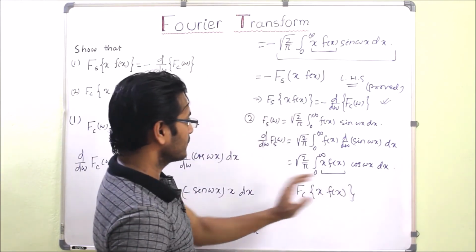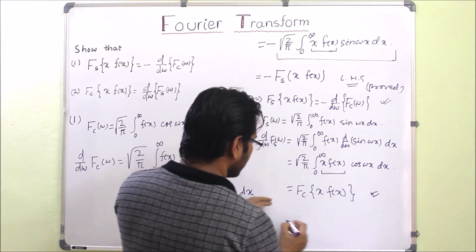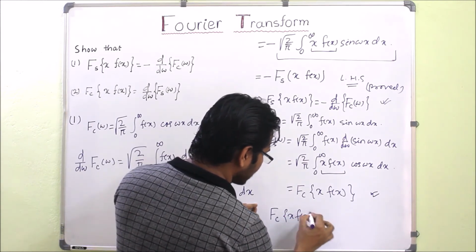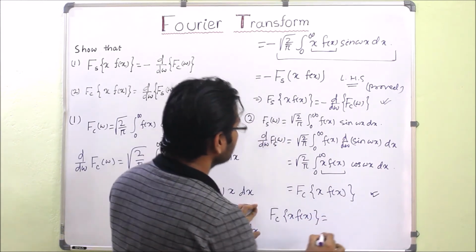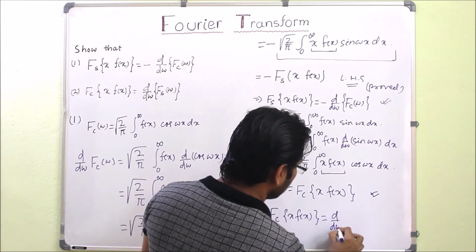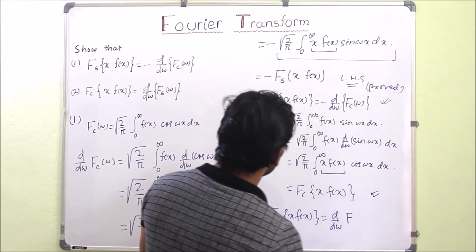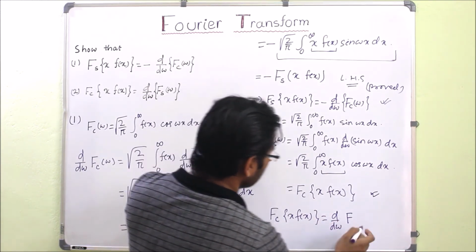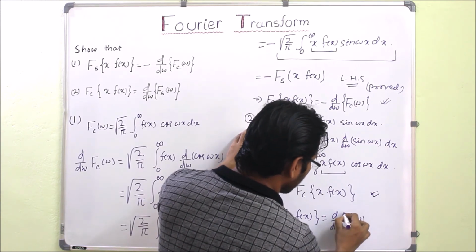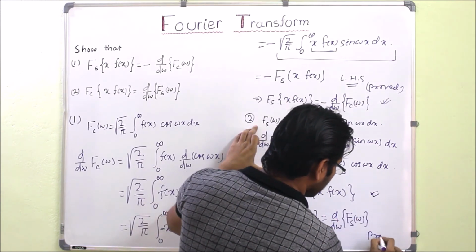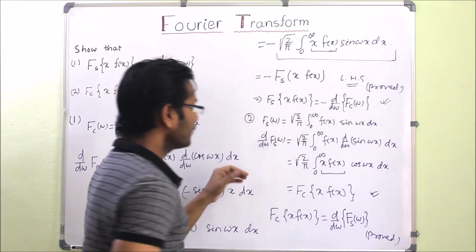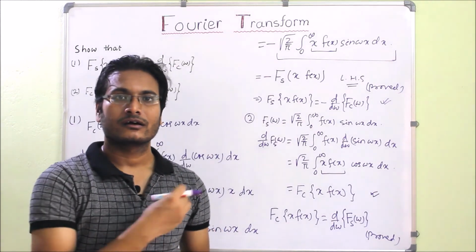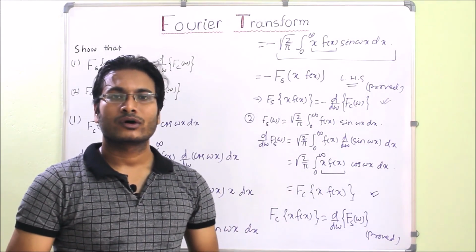From this we can get the relation: the Fourier cosine transform of x f of x equals d by dw of the Fourier sine transform of w. So in this way we can prove these two beautiful relations. Next we will see the application of these relations in terms of one example problem.